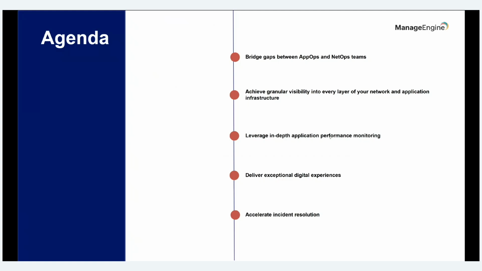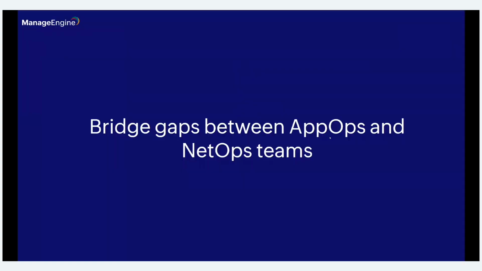So the complete network area is already covered, but still there is a huge landscape which is untouched and which is very crucial for any business organization. That's going to be the application performance. We will be discussing in detail how we are going to bridge the gap between these two layers with the help of OpManager Plus.